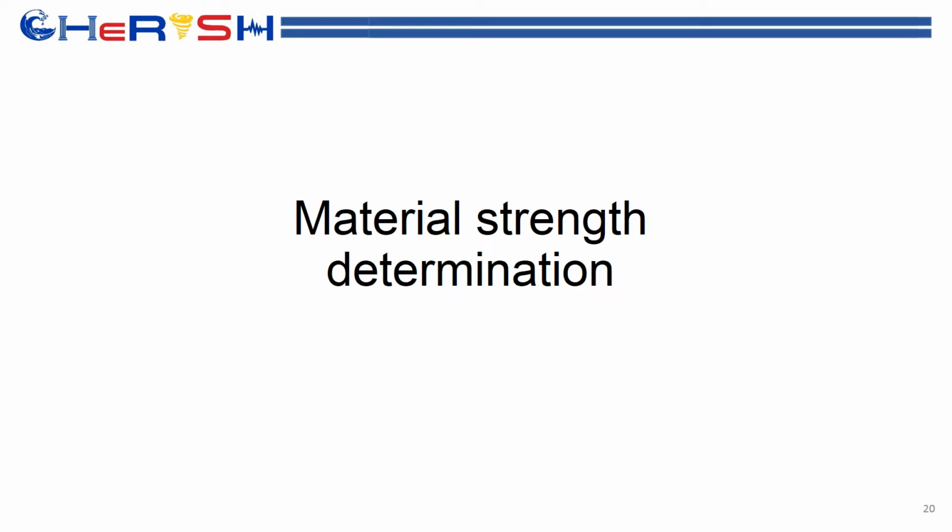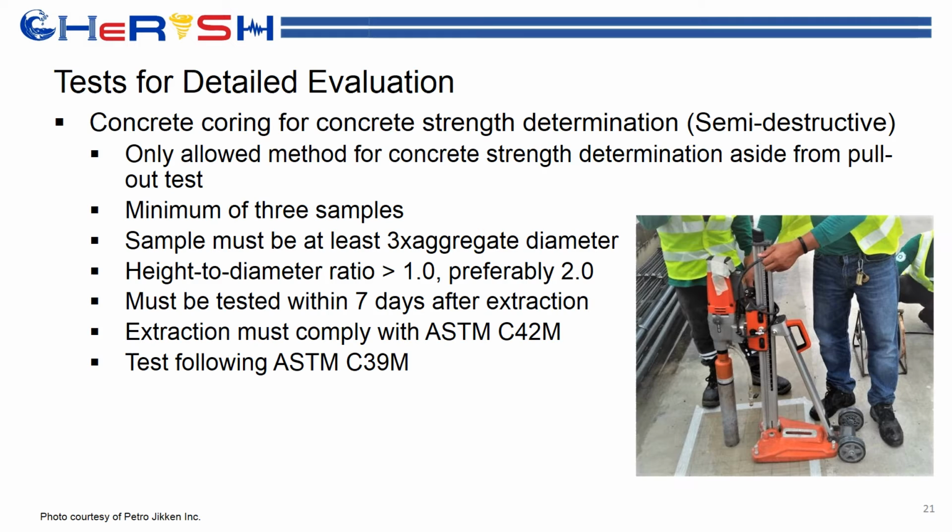Now, for material strength determination, the concrete compressive strength test is, of course, the most common type of test that we do for concrete. As per ACI, this is the only allowed method aside from the pull-out test in determining the compressive strength of concrete.